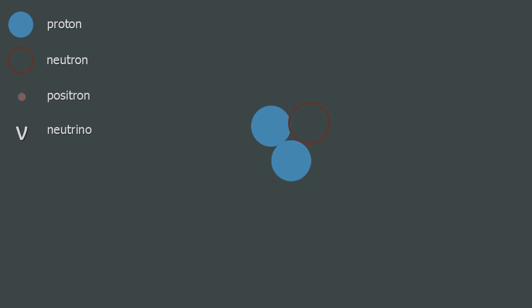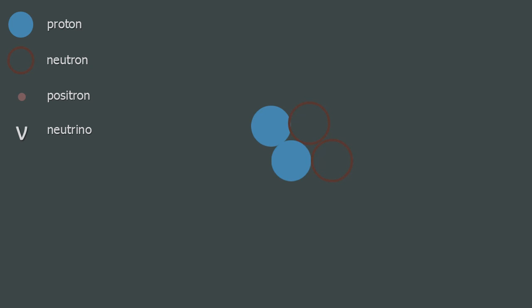Helium-3 is an isotope of helium with 2 protons and 1 neutron. At this point, 2 helium-3 cores now fuse together. This releases 2 protons, and what we are left with is a helium-4 nucleus with 2 protons and 2 neutrons. This is the standard helium nucleus.